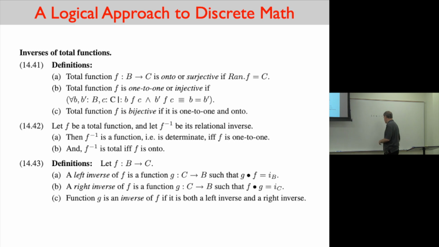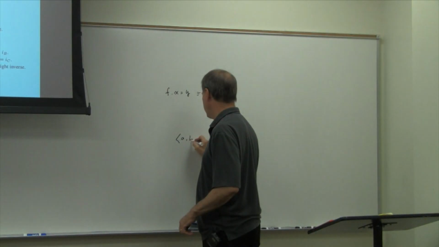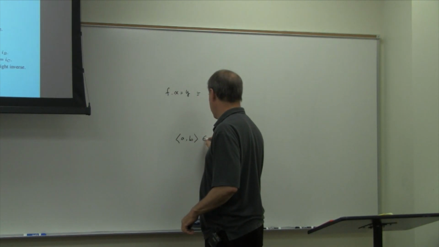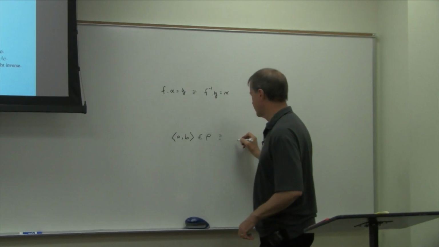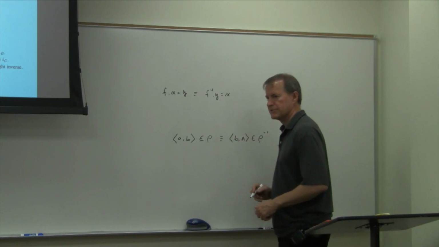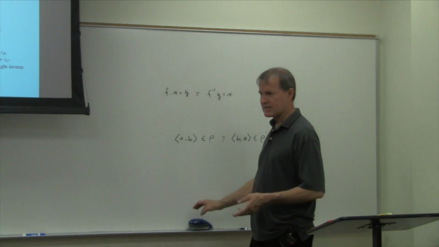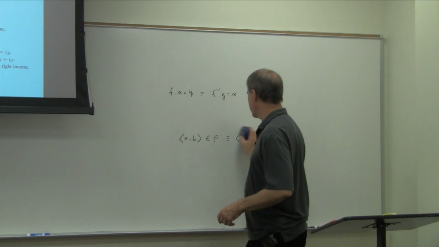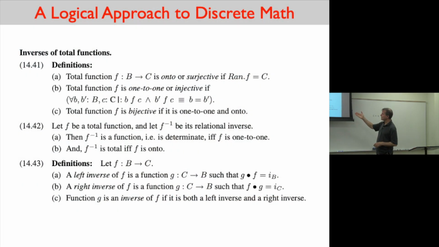If A, B is an element of rho, equivalent to what? B, A is an element of rho inverse. All right? So we know what this is for relations. It's the same thing for a function. So here it says, let f be a total function and let f minus 1 be its relational inverse.